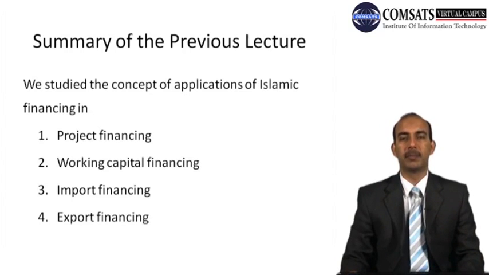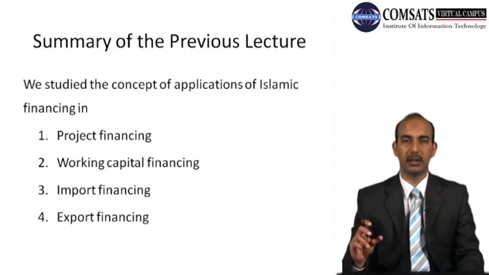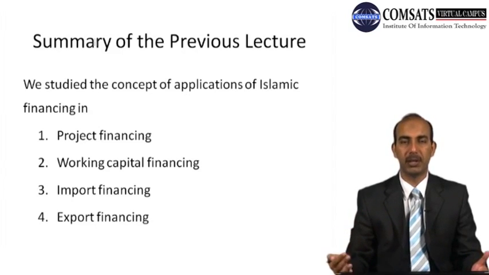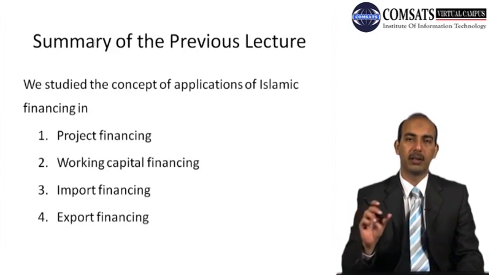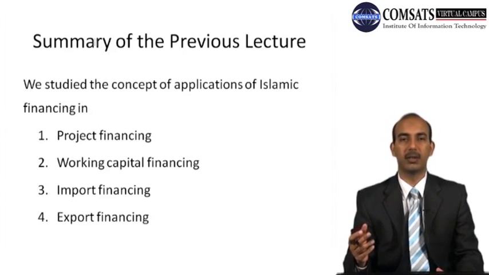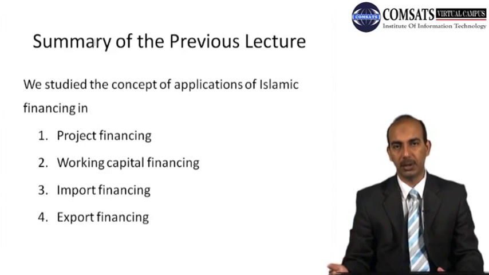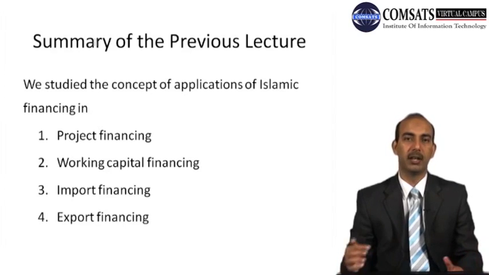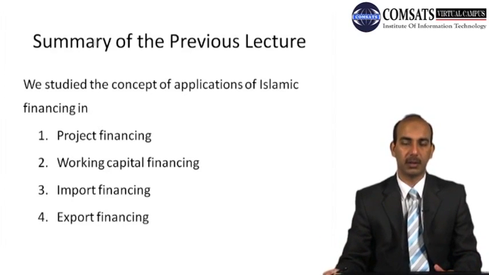The third option was the running musharka account. In running musharka financing, the Islamic bank creates an account for the client where a limit is set, for example 1 million. From that account, the client can make different transactions of debit and credit. Whenever the client wants to receive any amount, the client can receive it from that account, and when the client receives any sale proceeds, revenues or income, they can deposit the amount into that account.